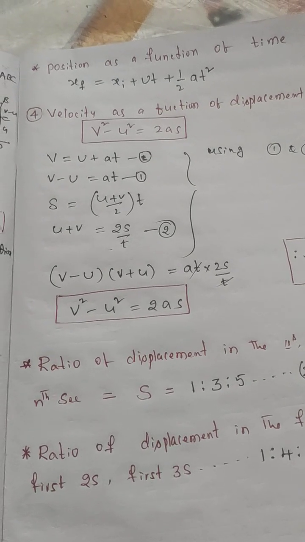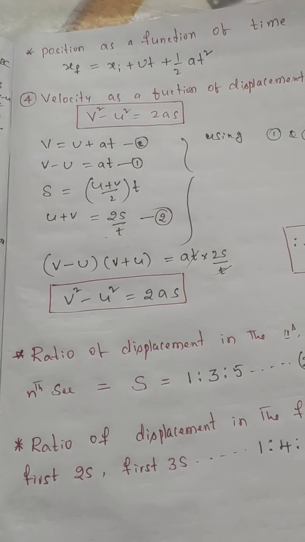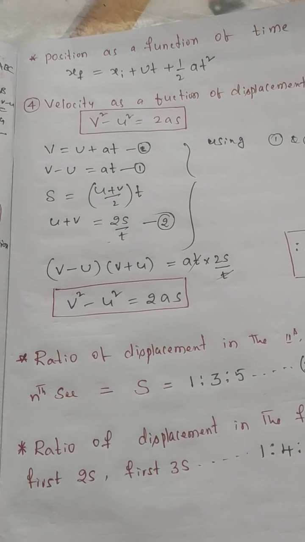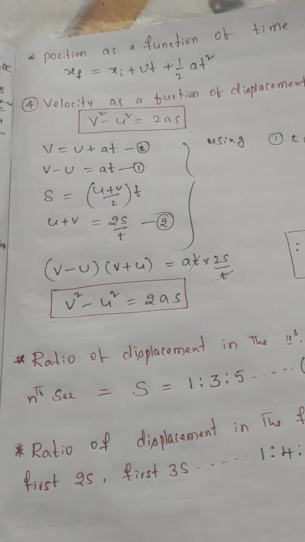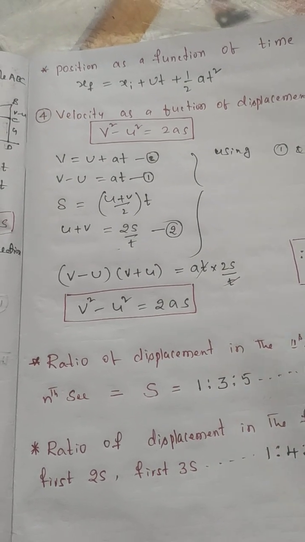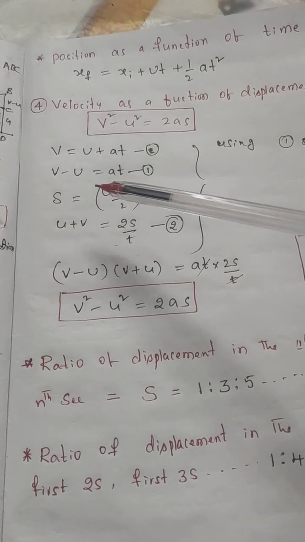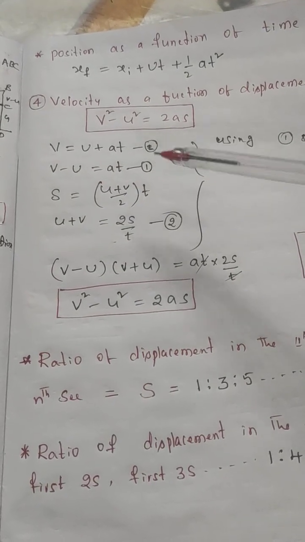Here, v is equal to u plus at from the first kinematic equation. These equations of motion are also called kinematic equations. v is equal to u plus at. Sending the initial velocity to the left-hand side, v minus u is equal to at. This is the first equation.